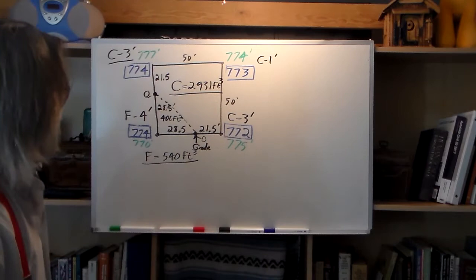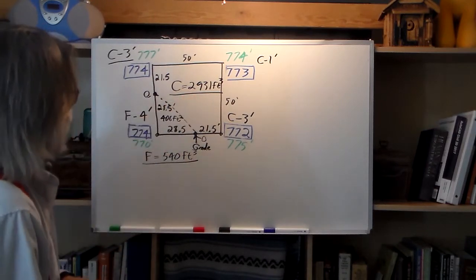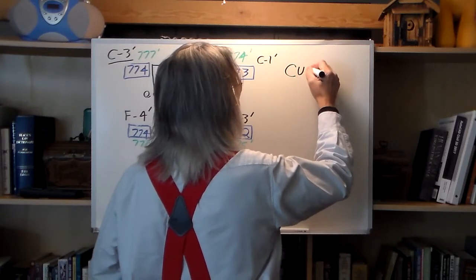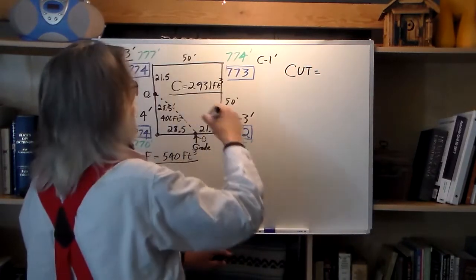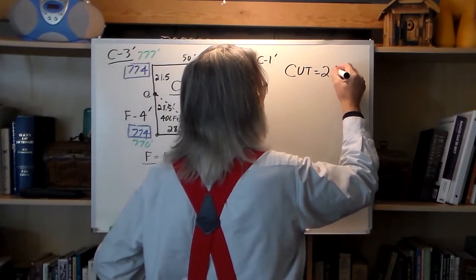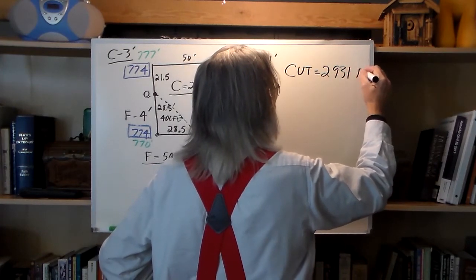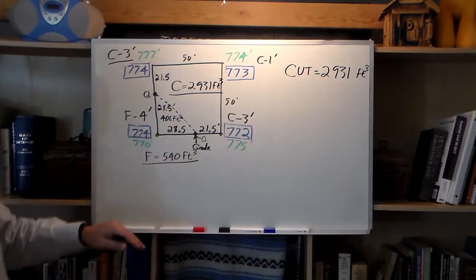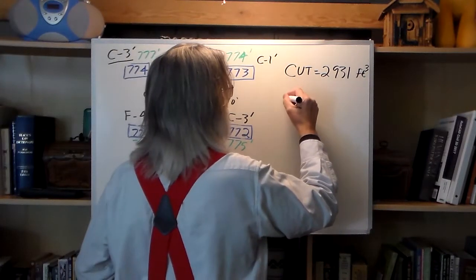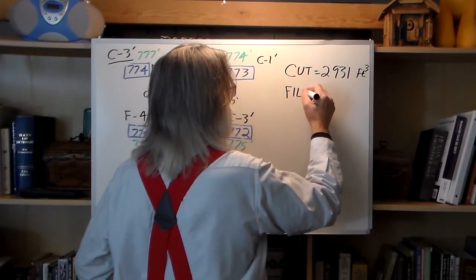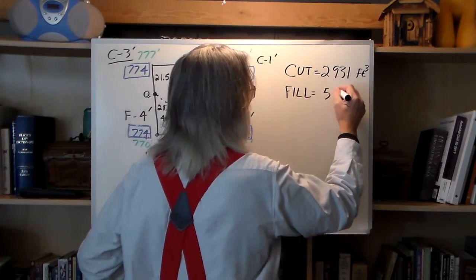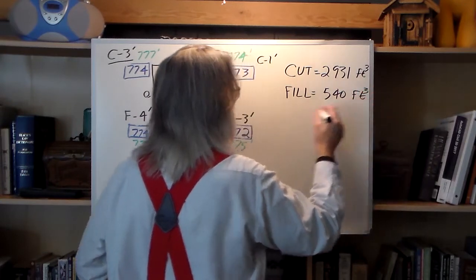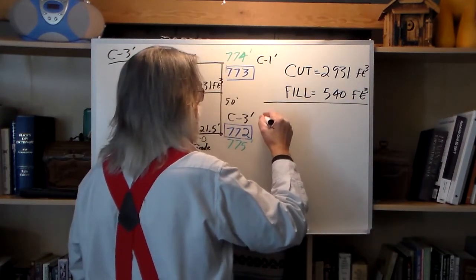So, we have a cut volume of 2931 cubic feet. We have a fill volume of 540 cubic feet. So that gives us a net.